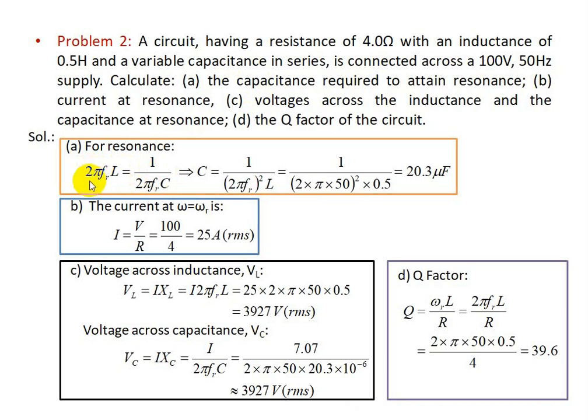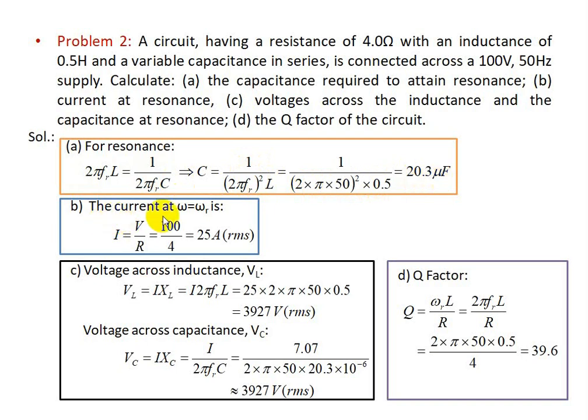Therefore XL is 2 pi fr into L. This will be equal to 1 by 2 pi fr C. From this we find C. So C will be equal to 1 by (2 pi fr) whole square into L. Substitute the values, frequency is 50 and L is 0.1. So we get the capacitance value as 20.3 microfarad.